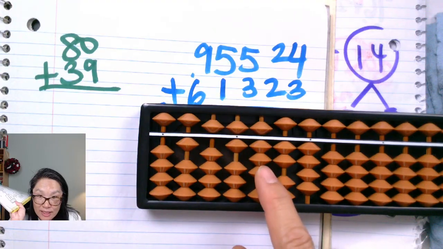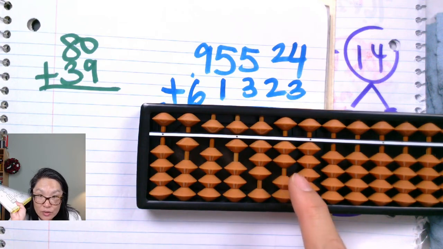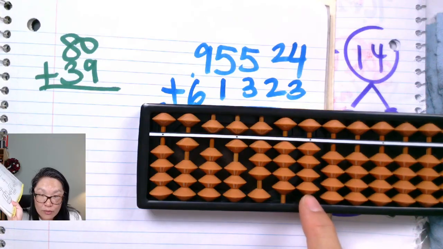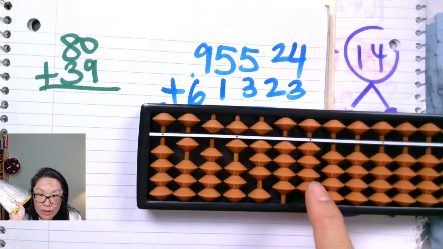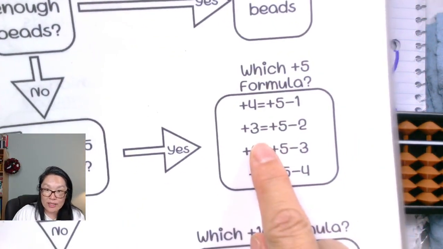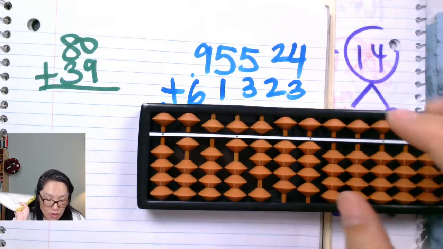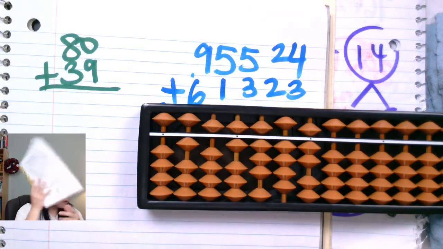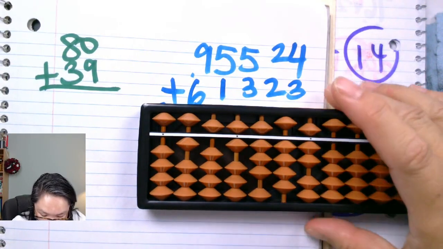Yes. Is there enough beads to add the 2? Yes. And then I want to add the 3. When I add the 3, it's plus the 5 minus the 2. So all I have to do is plus the 5 minus the 2. And my final answer is, I don't even know what my final answer is.